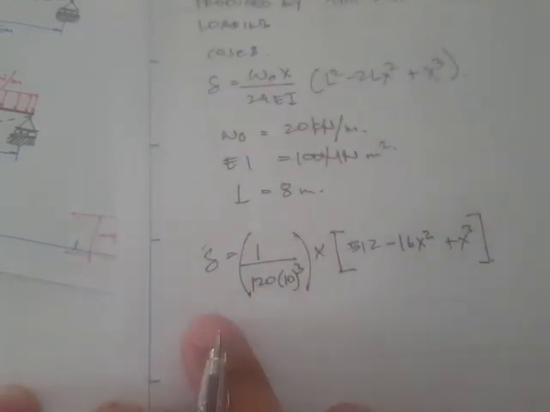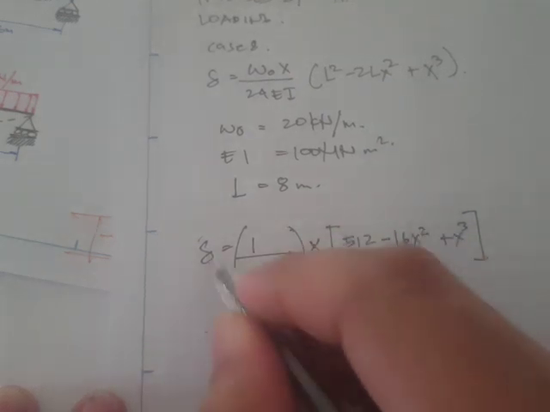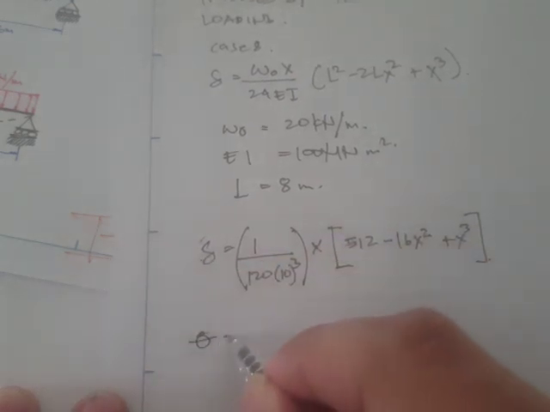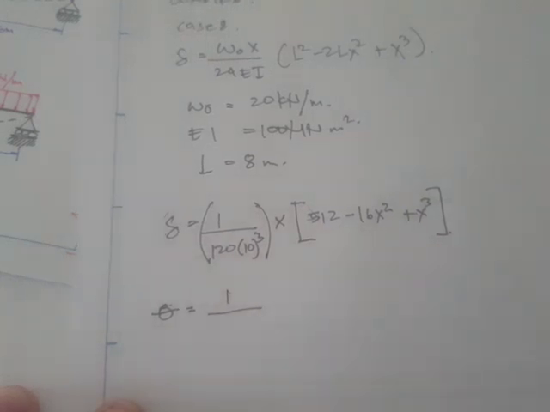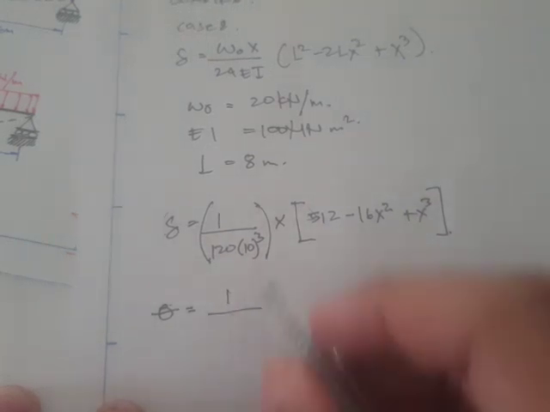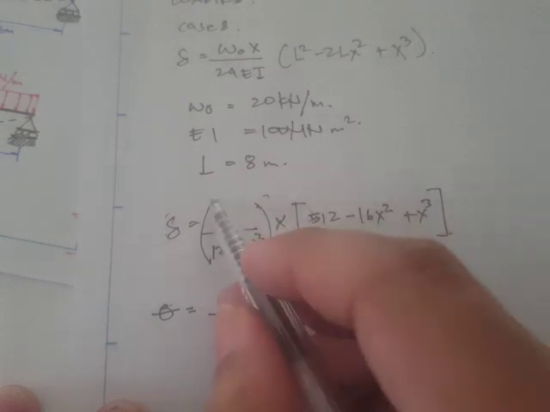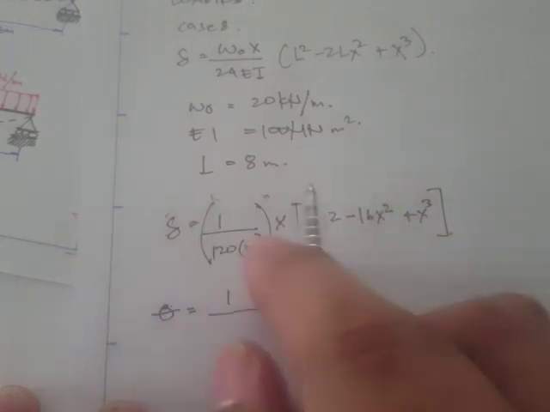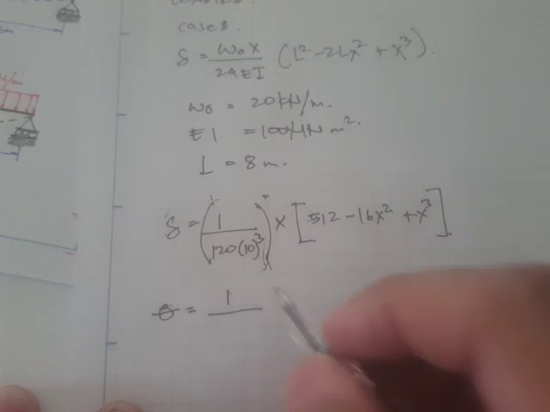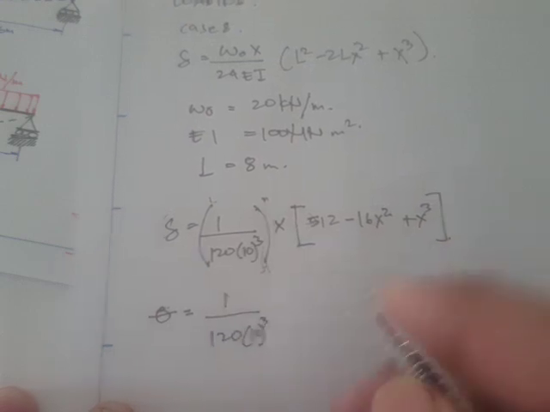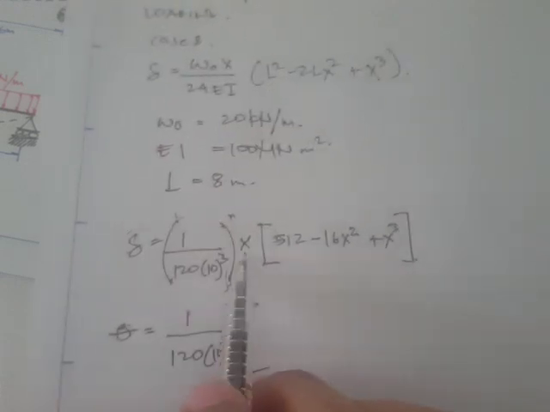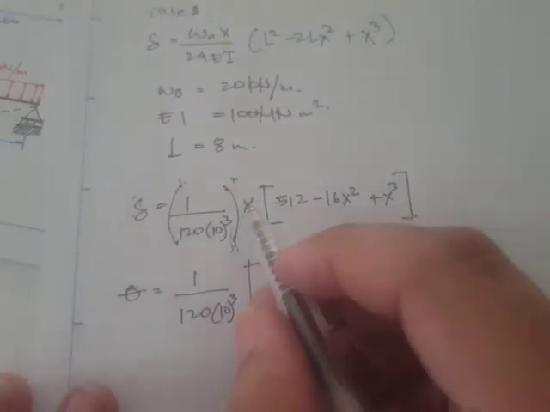If we take the first derivative of this deflection, what we get is the slope. Let's factor this out and not include it in the derivative since this is just a constant. So 120 times 10 raised to 3, and the derivative of this product of terms.